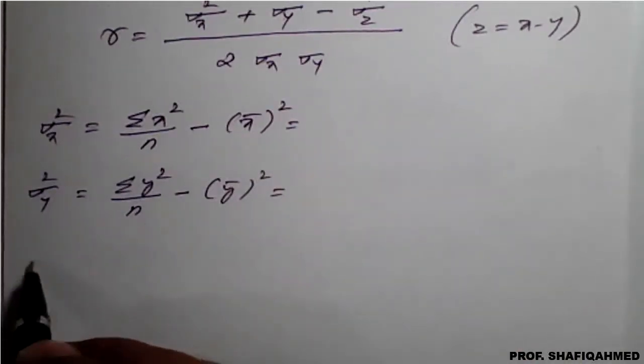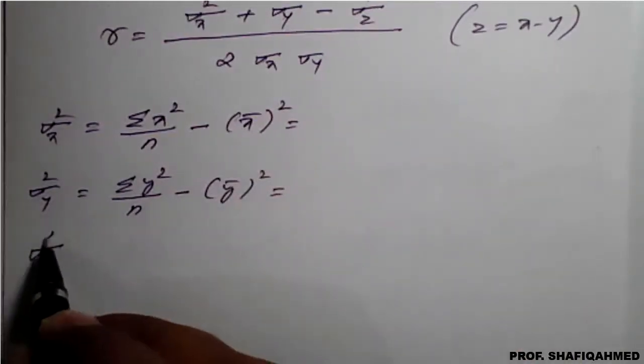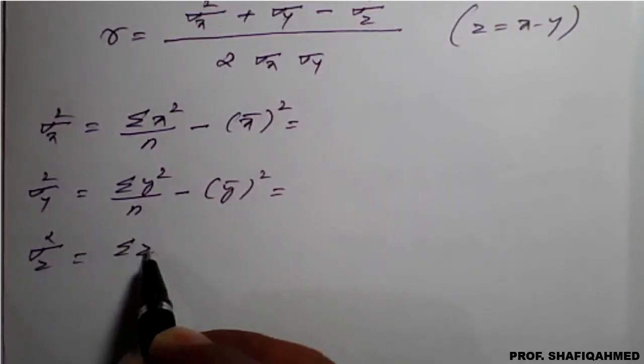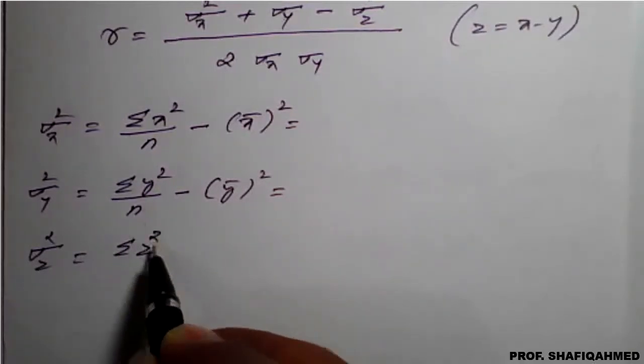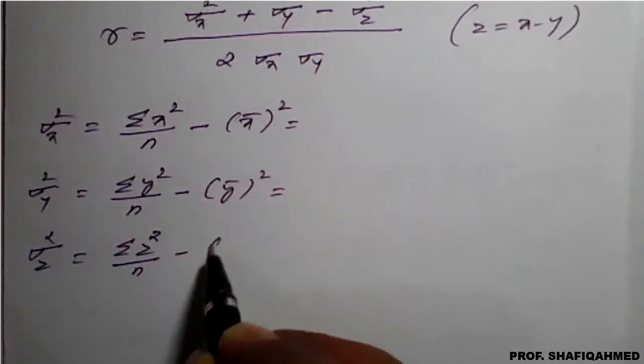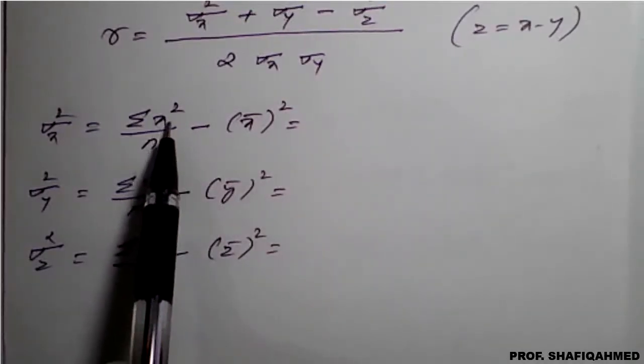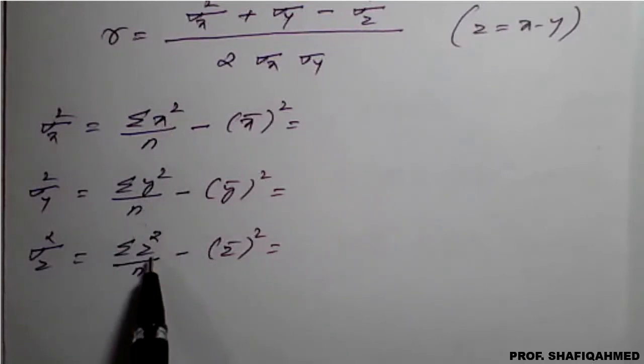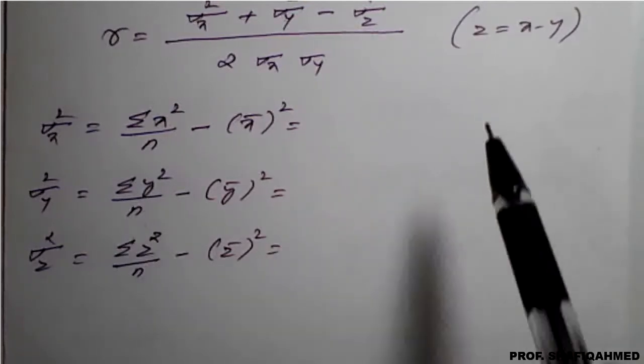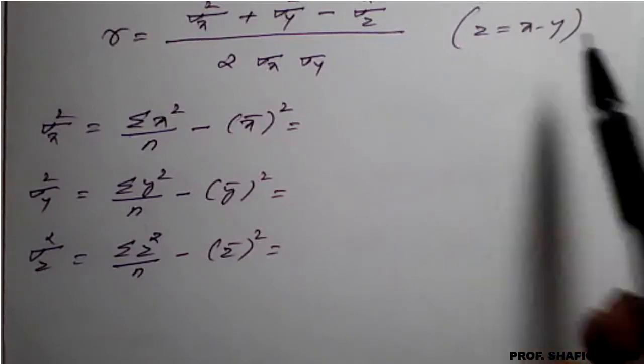And standard deviation of z square is summation of z square divided by n minus z bar square. So we need an x square column, y square column and z square column. Before z square we need z, which is nothing but x minus y.